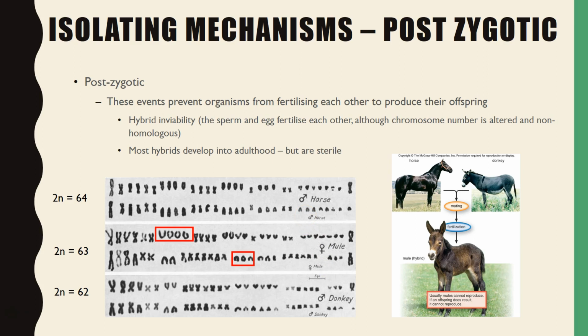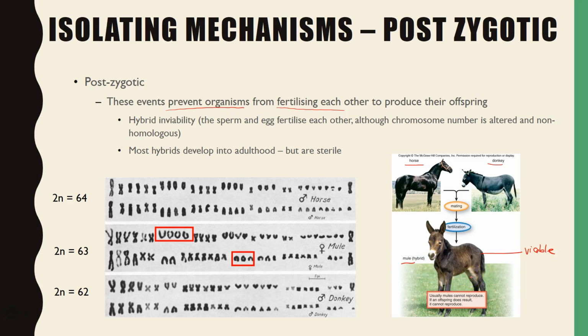Some postzygotic mechanisms of isolation. We have events where the zygote is fertilized but the offspring's reproduction is prevented. So for example, the horse and the donkey, they can reproduce and they will produce viable offspring, meaning the offspring, the mule, will survive, will get to the reproductive age.